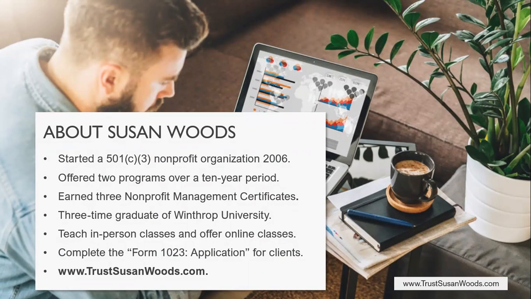So I officially started as a 501c3 nonprofit organization with a status in 2006. I offered 2 programs underneath my nonprofit organization over 10 years, and I stopped in 2013. I'm not offering any programs now, but I do file my Form 990 information return every year because I don't want to lose my status.